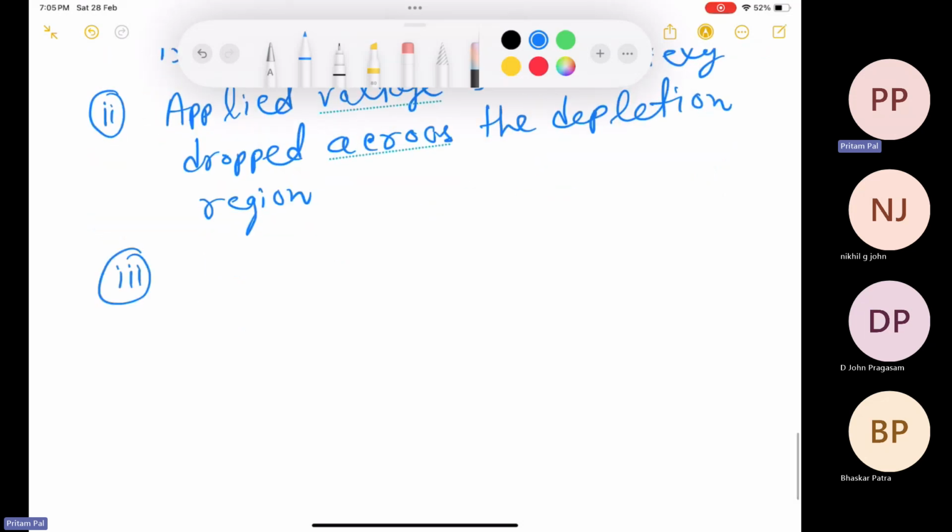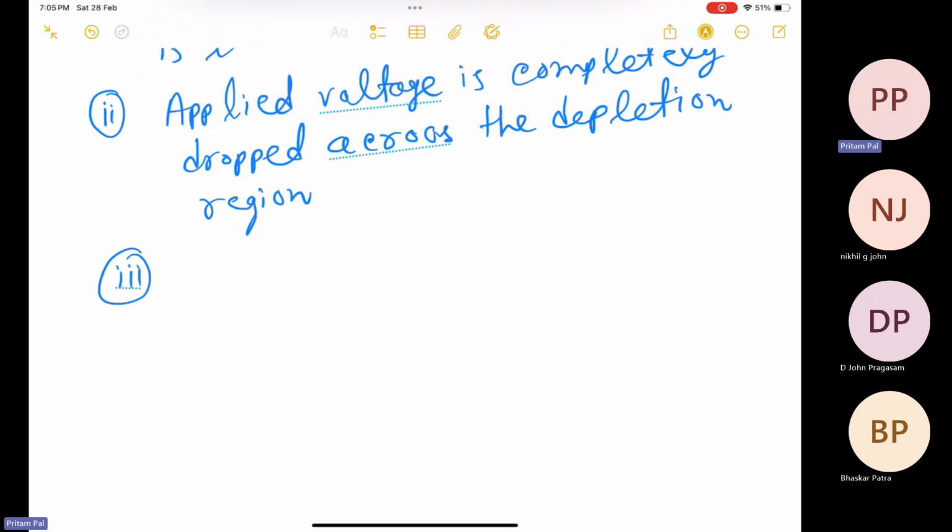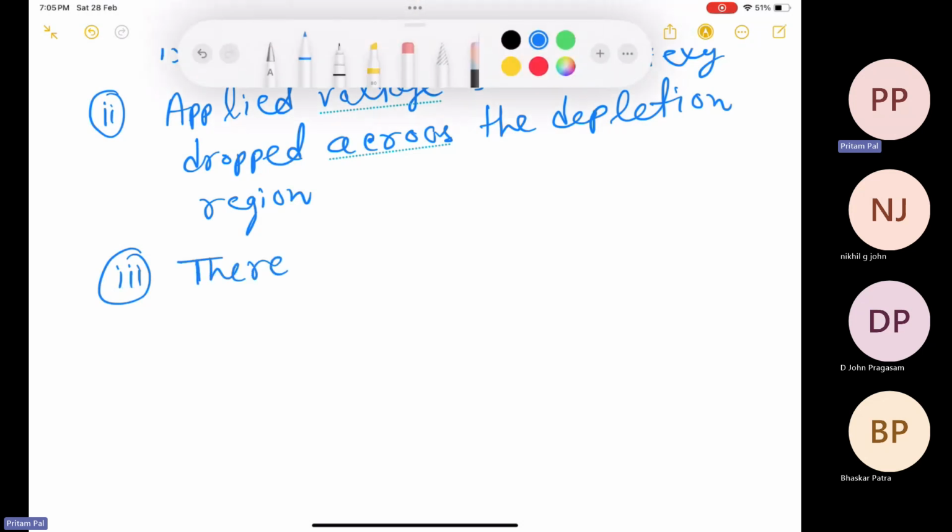And there are two others also. There is no generation and recombination within the depletion region, that you have to remember.